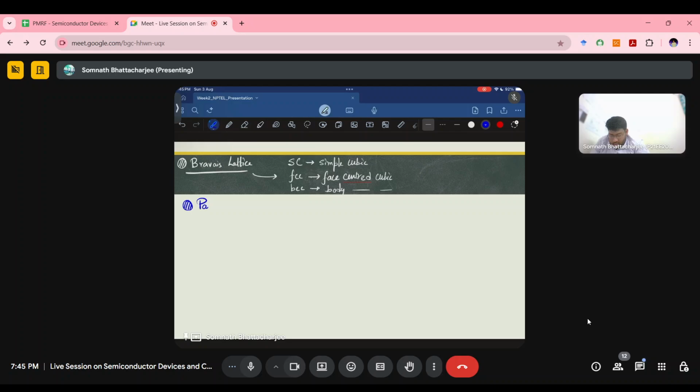Based on these, there were few topics we have learned. That is the packing density of these unit cells, and we have learned the number of atoms in a unit cell, the concept of primitive cells, and also atomic structure, like the structure of silicon and the structure of diamond.